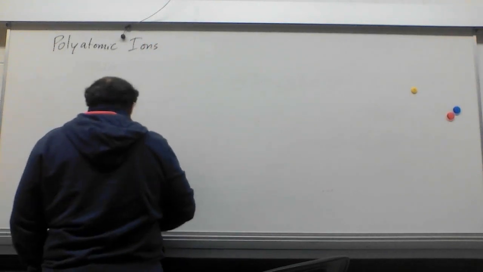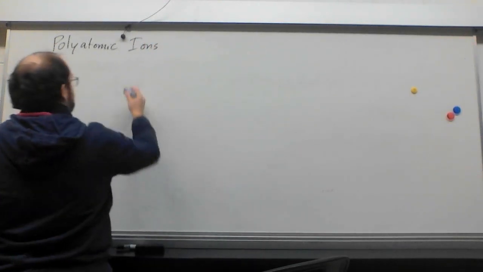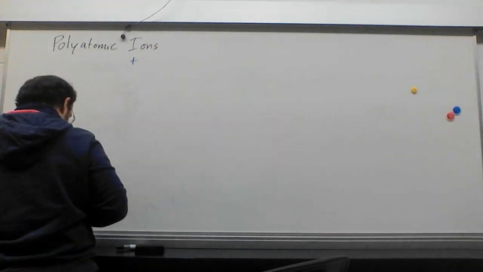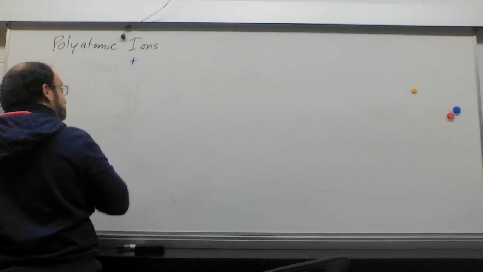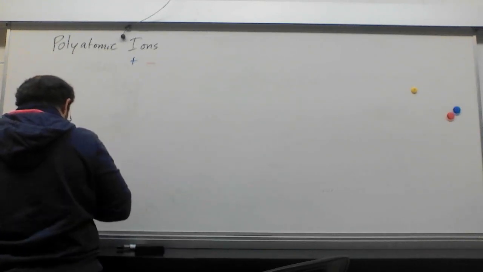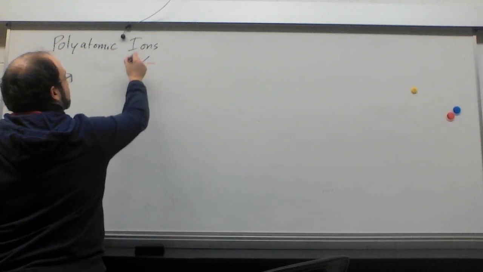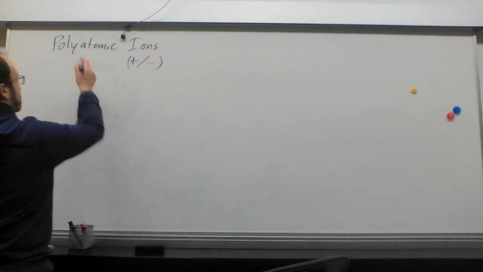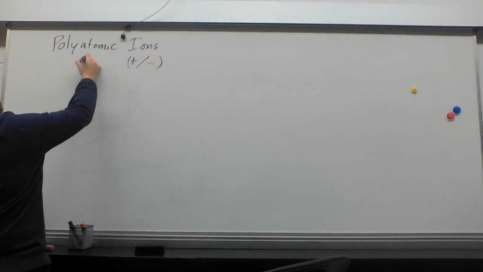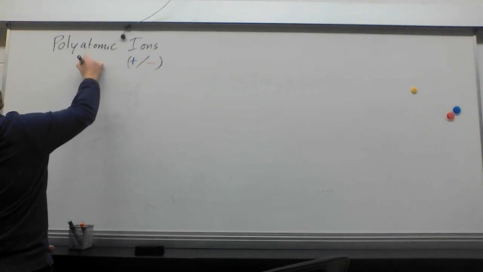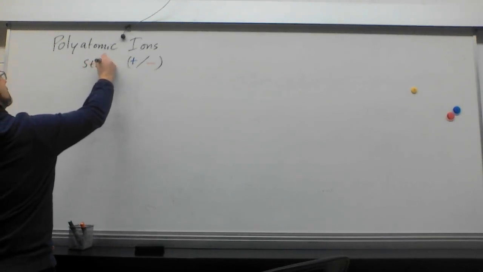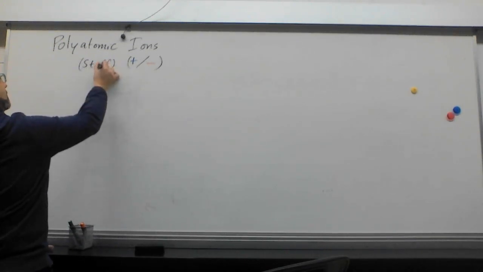Now, if we break down the word here, right, ion, we know what an ion is, right? That means something that's either positive or negative. Okay, so that hasn't changed. Atomic, well, we know what that is. That means like atoms, pieces of matter. We're going to simplify it even more. Stuff, right?